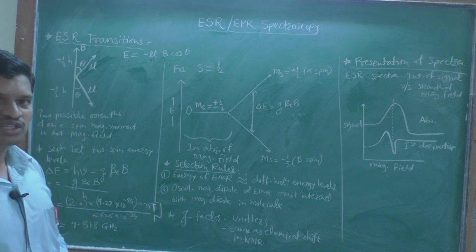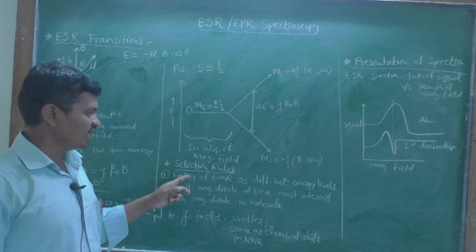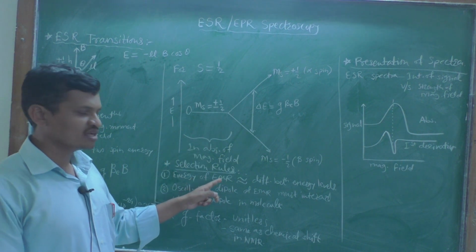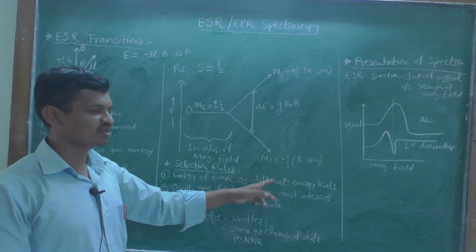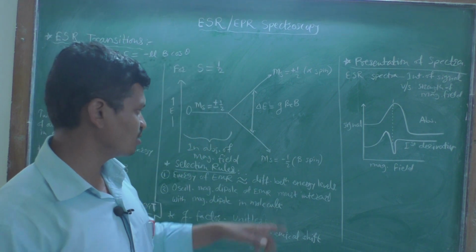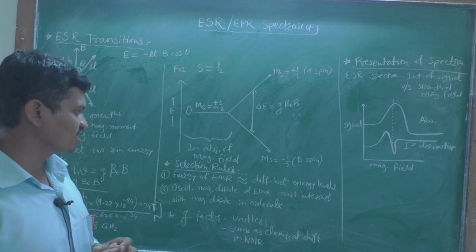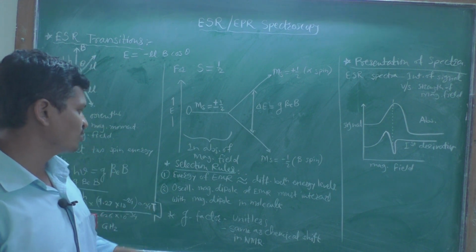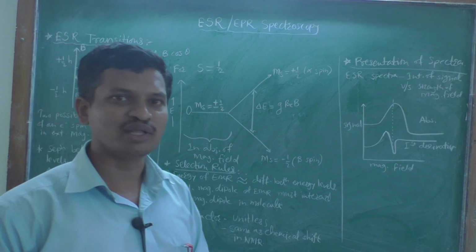Now the next point is selection rules. There are basically two selection rules for ESR spectroscopy. First, the energy of the electromagnetic radiation must correspond to the energy difference between the energy levels of the molecule. Second, the oscillating magnetic dipole of the electromagnetic radiation must interact with the magnetic dipole of the molecule.